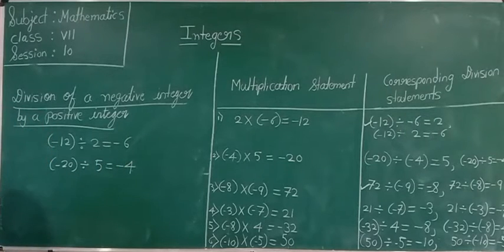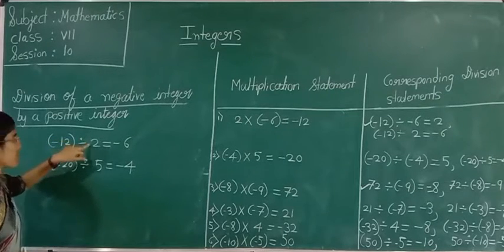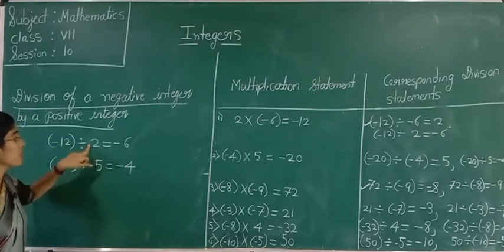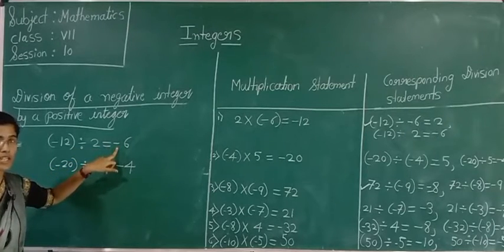From this we can tell that while dividing a negative integer by a positive integer, we get a negative integer.